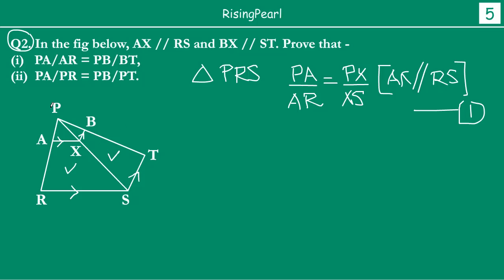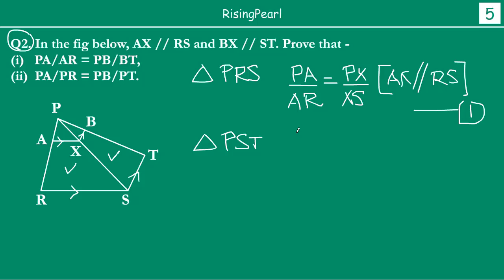Similarly, in the second triangle PST, we have two triangles given here, and this line is parallel to this line. So we have to really make use of this information too, right? So we say that in triangle PST, what do we have? BX is parallel to ST. So these two ratios, that is PX by XS, must be equal to PB by BT.